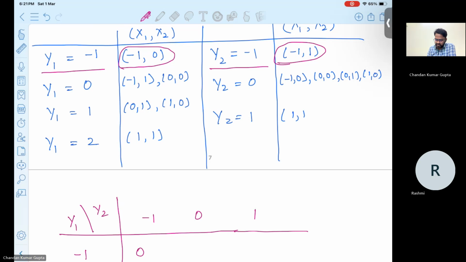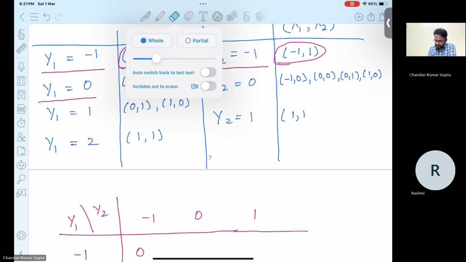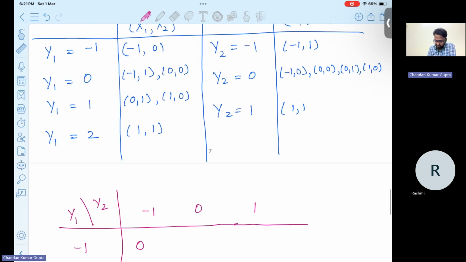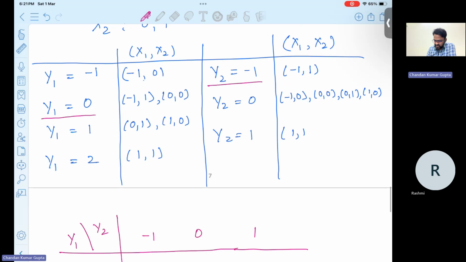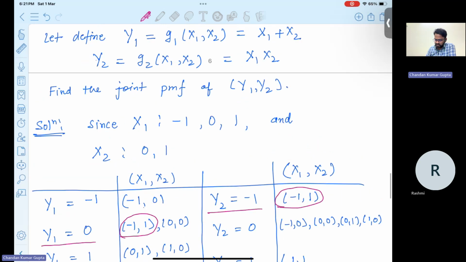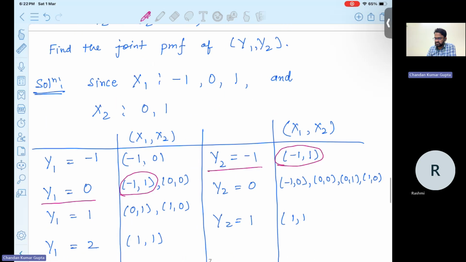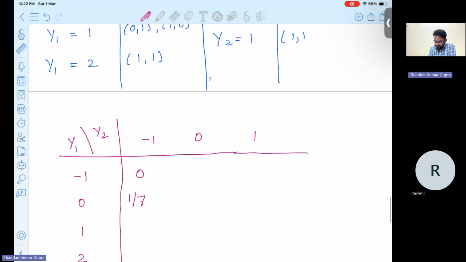If you can see, they have -1 and +1 as common, so the probability is 1/7.